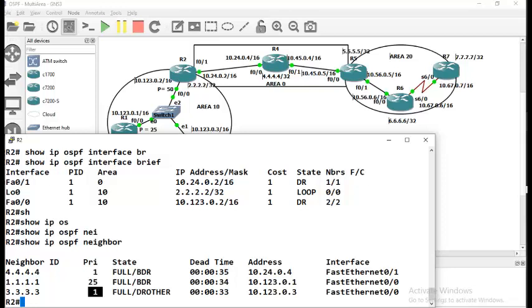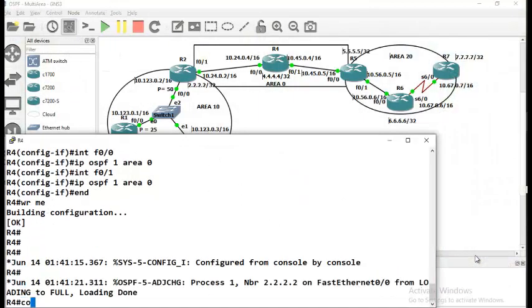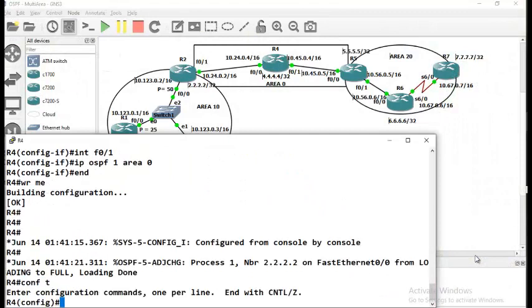Because there is a DR already, R4 cannot claim DR. R4 will say, okay, if you're already DR, fine, I'll become BDR. That's why R4 has become BDR. Even if I go and change the priority in R4, it's of no use. All those priority changes should be done in the beginning itself.